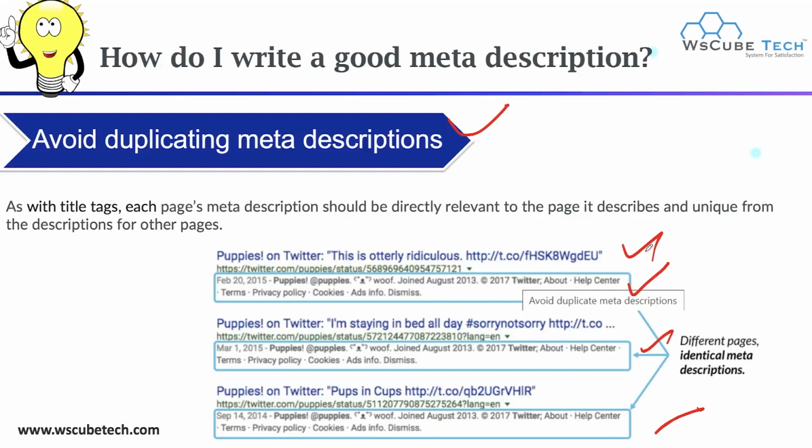For an individual page, you must have a unique title and a unique meta description, because a unique description and title can make your web page unique and help you optimize it. So as with your title tag, each page's meta description should be directly relevant to the page it describes and unique from the descriptions for other pages.